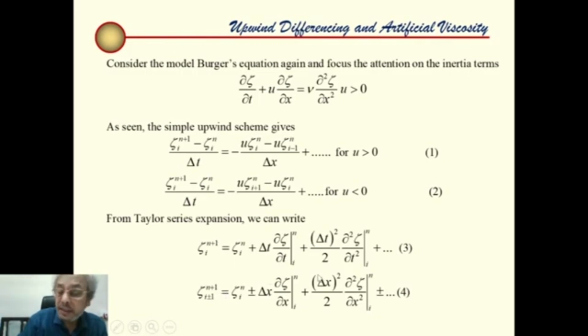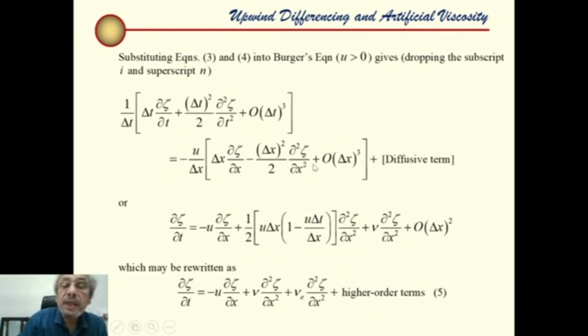This entire truncated series we will substitute here, plus the diffusive terms, and then if we reconstruct the equation, the left-hand side will have ∂ζ/∂t, and the right-hand side will have minus u ∂ζ/∂x plus half u Δt (1 minus uΔt/Δx) ∂²ζ/∂x², and the diffusive term was already there, which is ν ∂²ζ/∂x², plus other higher order terms.